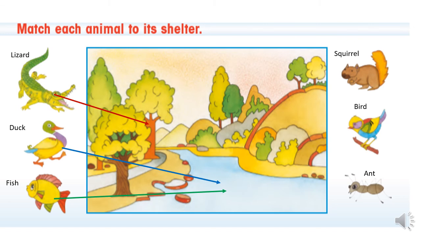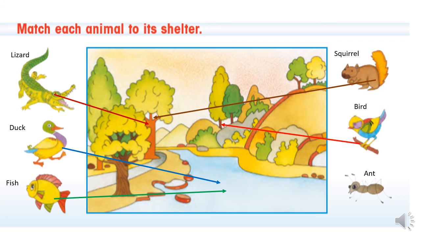Squirrel, on the trees. Excellent, guys. Bird, also as you see inside the picture, the bird is on a branch of this tree. So where do birds live? On the tree. The last animal, the ant. Where can this animal, the ant, live? Can it live in the water?